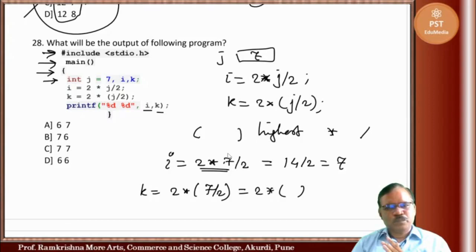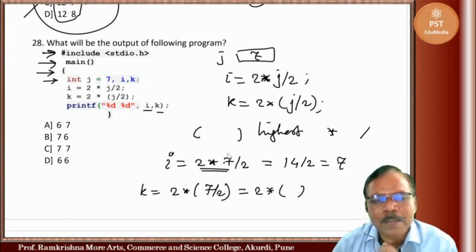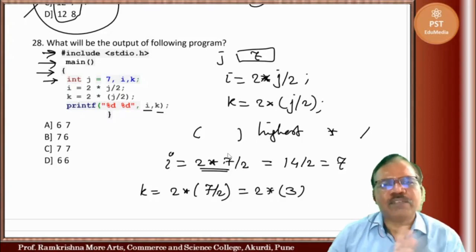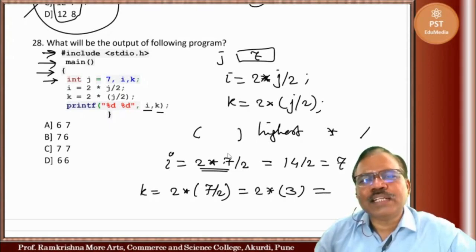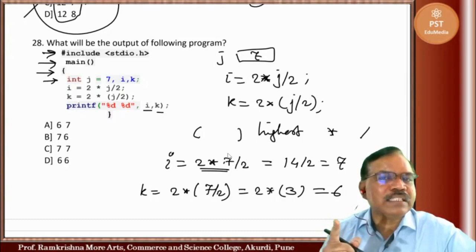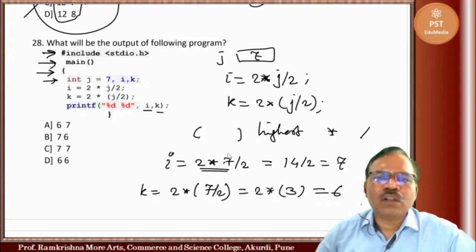It is 3. Integer division, it is not 3.5. It will take 3. So now 2 into 3, that is 6. Is it clear? Bracket has the highest precedence. So you will get 7, 6. So B is correct.